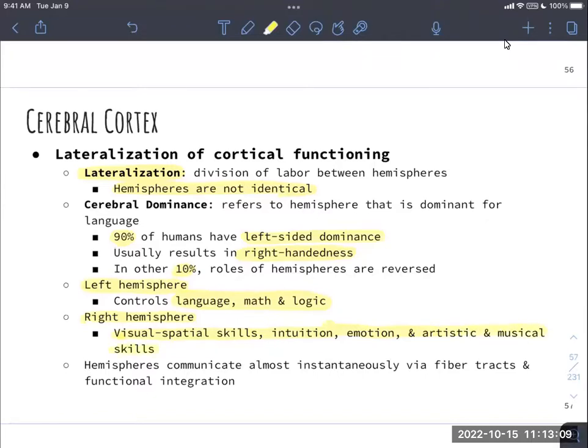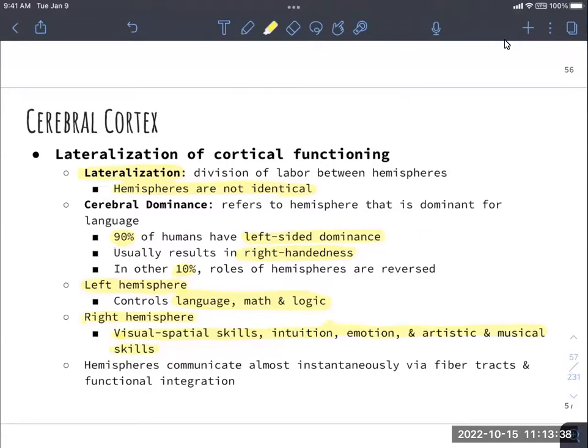And say that's the difference between my sister and I. I'm left-sided dominance, she's right-sided dominance. It's a huge difference between the right and the left side. Each person is good at different things depending on which hemisphere dominates them.